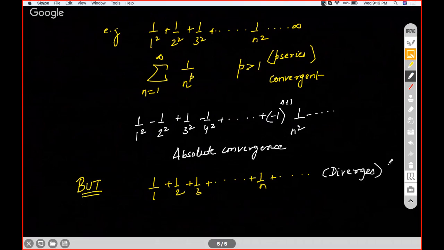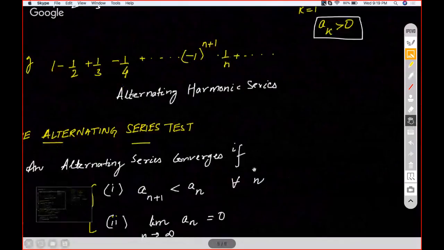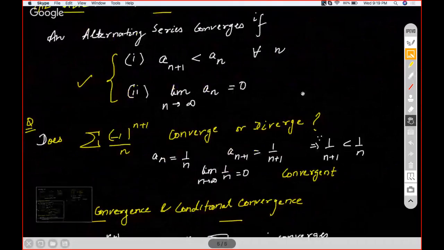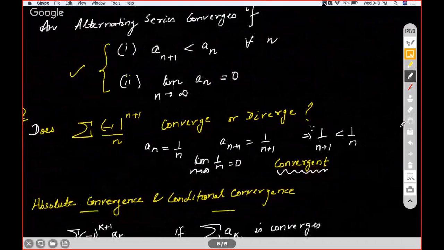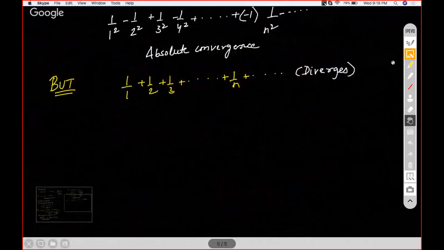But just now I took an example where I showed you, where was that example? Yeah, this example, and we concluded that it was convergent. So now this convergence would be called conditional convergence.